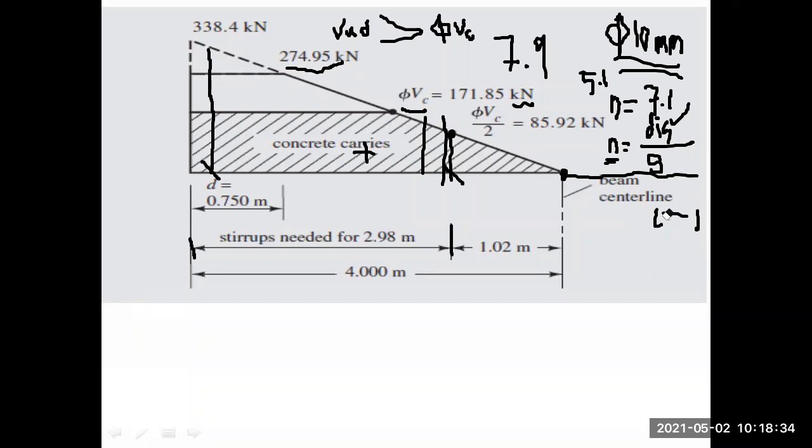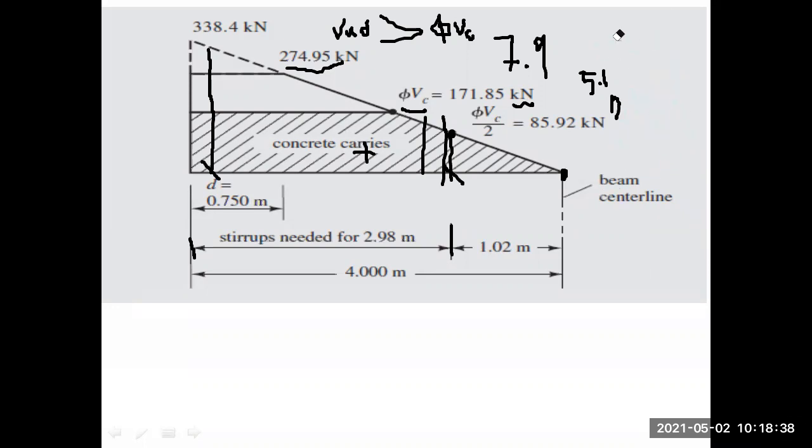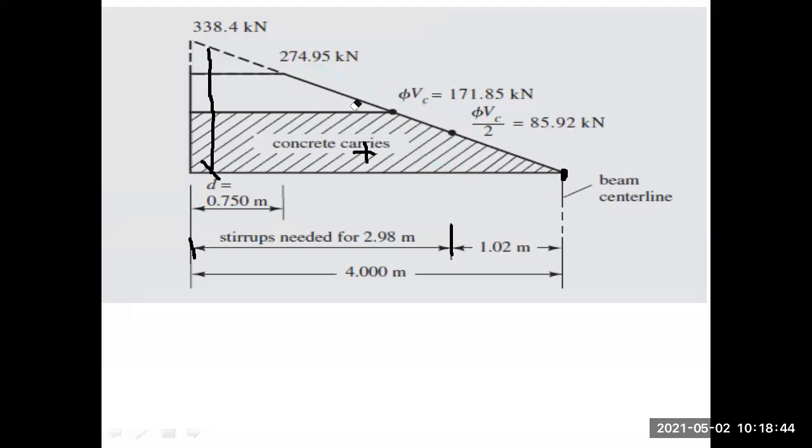So if we know how to get the spacing, we check now how the problem has been solved. This is the zone within which we need to reinforce with shear reinforcement, so we determine the spacing.